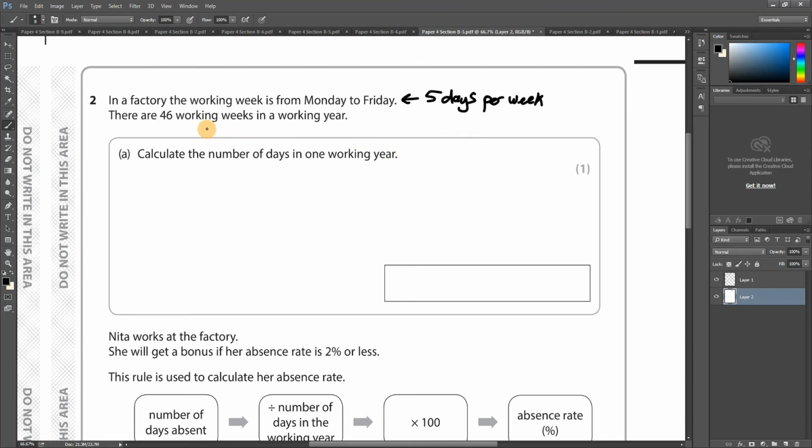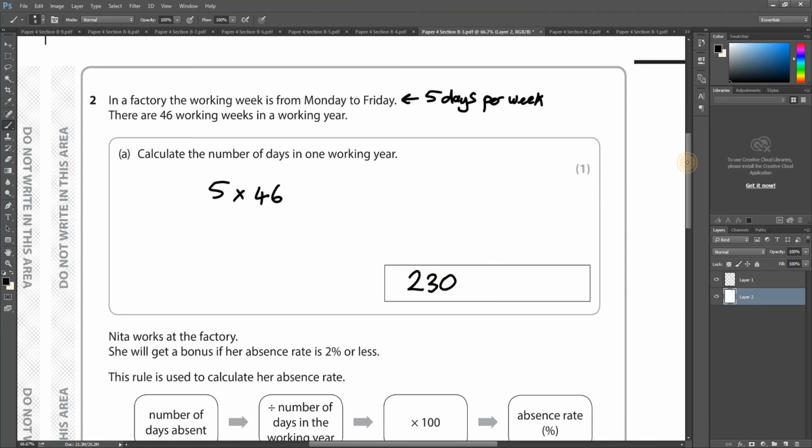There are 46 weeks, so it's going to be 5 times 46, isn't it? Let's work that out on the calculator. 5 times 46 is 230. Just 1 mark for that.